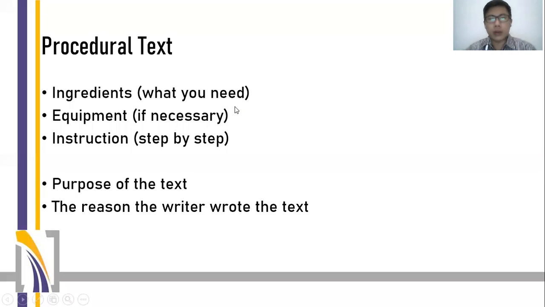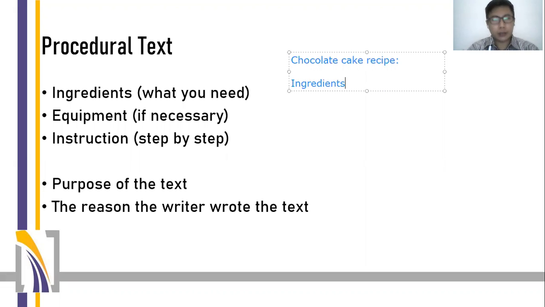Oh, I'm sorry. I forgot to put the example in, but usually you could say, let's say, a chocolate cake recipe, for example. Usually you will get the ingredients.